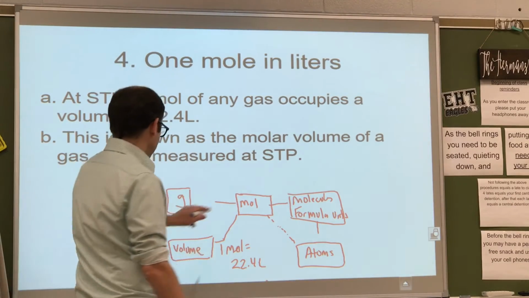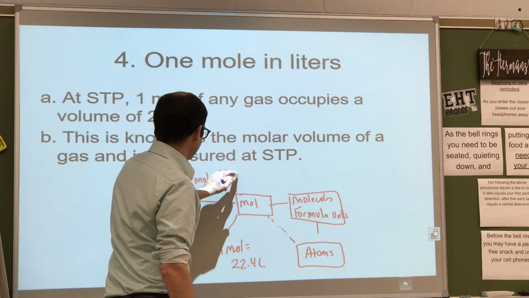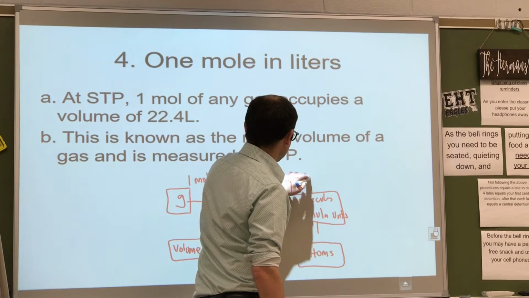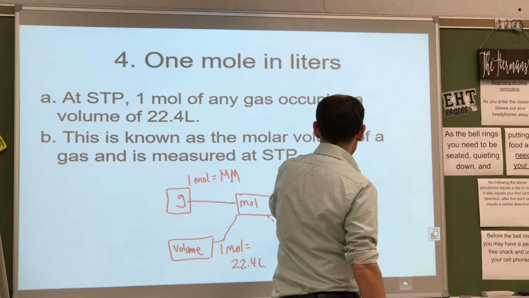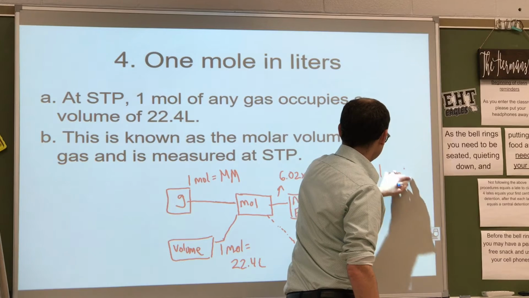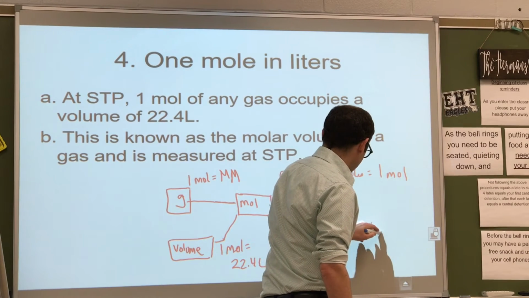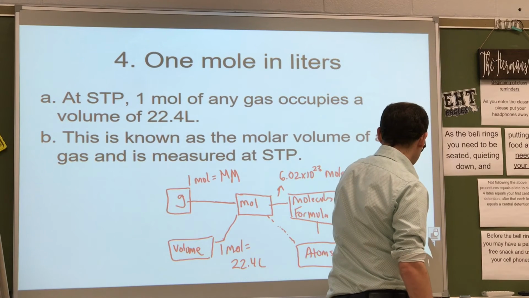All right, that's it. So this was 1 mole equals the molecular mass. This was our 6.02 times 10 to the 23rd. Whatever it is, in this case we'll just say molecules, was 1 mole. Going from molecules to atoms, this was 1 molecule equals the number of atoms.